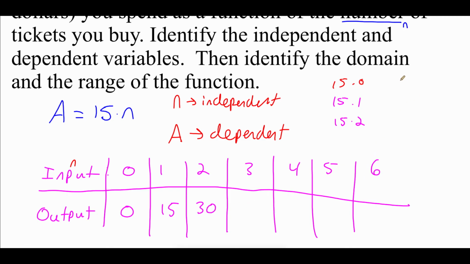If I plug in 3 for that n value, 3 times that 15 is going to give me 45. If I plug in 4, 15 times 4 is 60. If I plug in 5, 15 times 5 gives me 75. And then if I plug in 6, so if I buy all 6 tickets that I'm able to buy, that's going to give me 90.